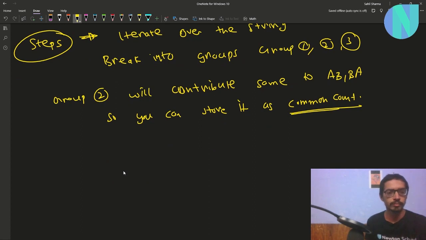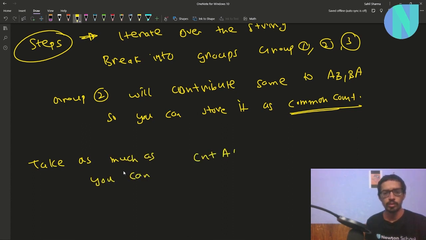For group 3, take as much as you can into count AB from AB strings, and into count BA from BA strings.